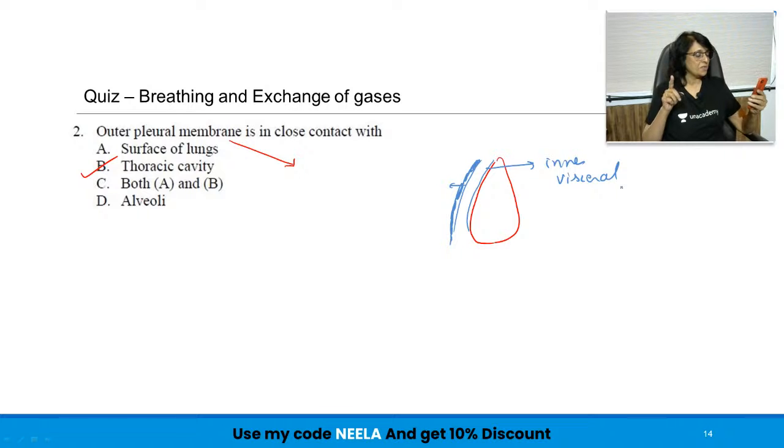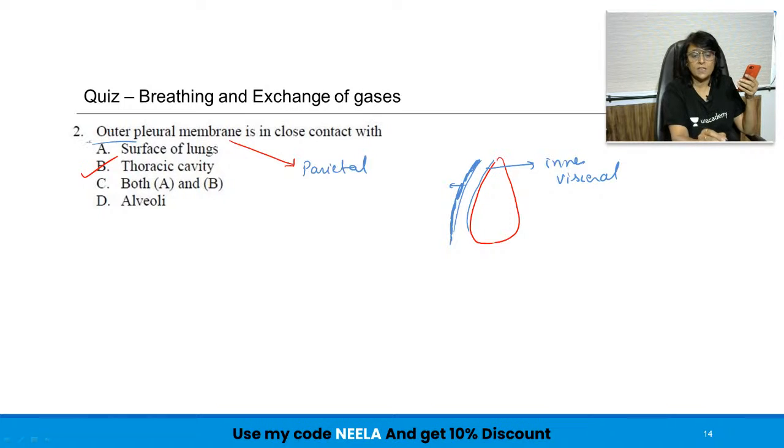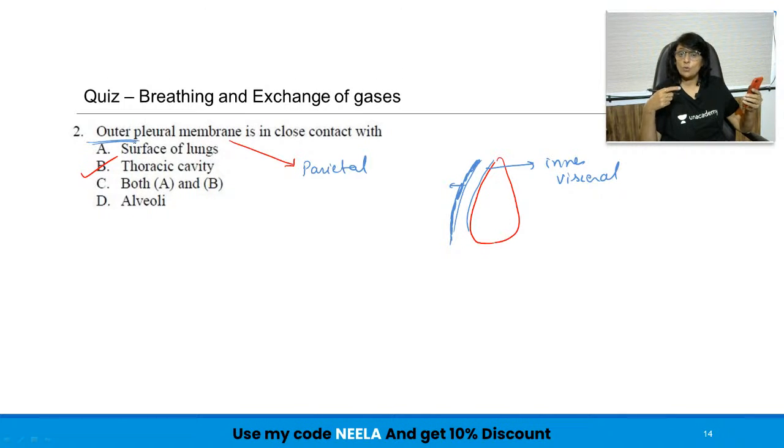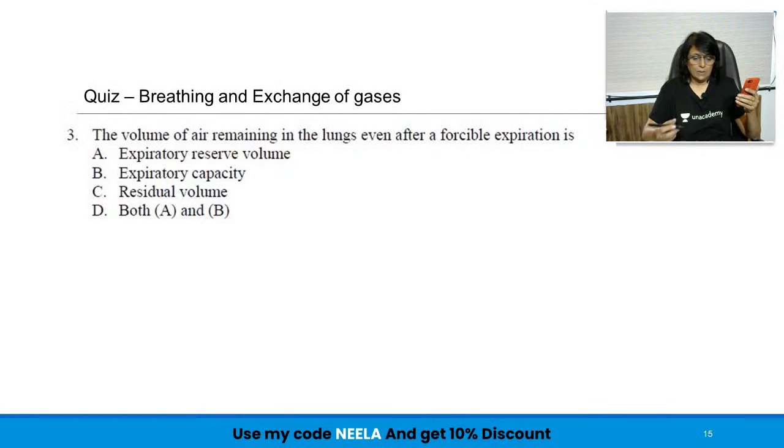Inner one is visceral and outer is parietal. So outer or inner can be asked, visceral or parietal can be asked. This was an easier question, but if the name of the membrane is given, then you have to remember which one is inner and which one is outer, because if you are confused between the two, this could go wrong. All right, let us go for the third one.